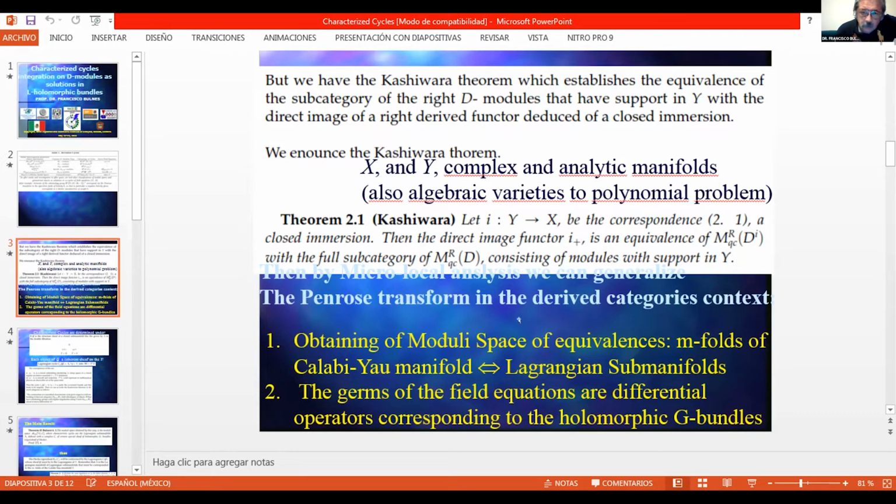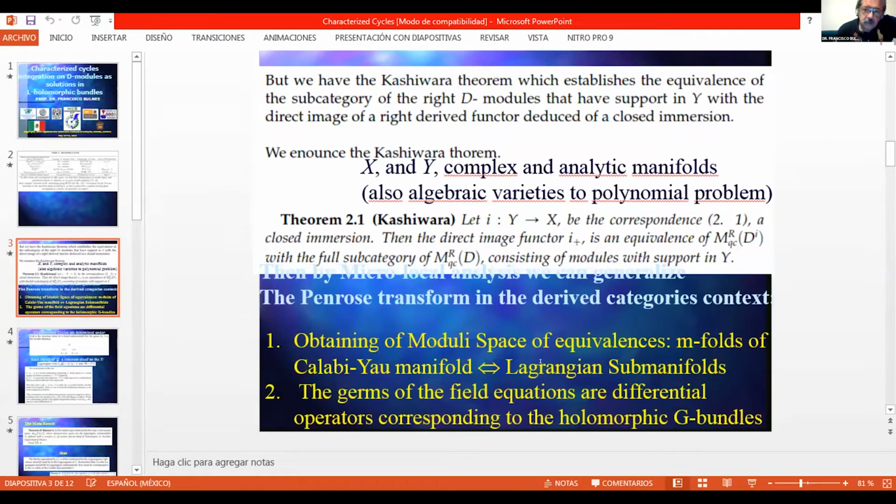The immediate result that can be obtained is the moduli space of the equivalence manifolds of the Calabi-Yau manifold and Lagrangian submanifolds, and the terms of the field equations are differential operators corresponding to the holomorphic G-bundles.